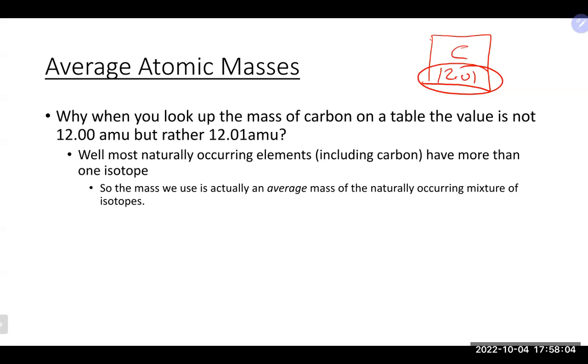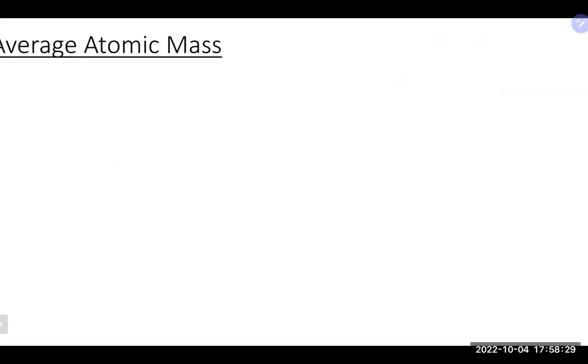They are the average atomic masses for all the naturally occurring isotopes for a particular element. So for example, carbon-12 and carbon-13 are the naturally occurring isotopes for carbon. So although we don't usually describe it as average atomic mass, and we just call it the atomic mass, they are actually those average values for all the naturally occurring isotopes that are there.